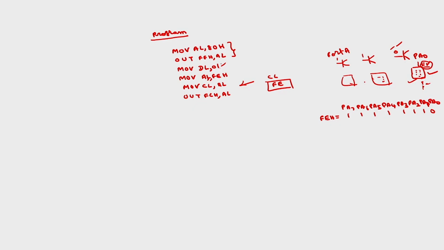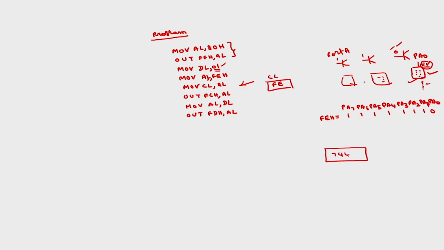Then you have to send 1 to this BCD to 7 segment decoder, which is connected to port B. So you take MOV AL comma DL, OUT, port B is FDH comma AL. So that 1 will be applied to this BCD to 7 segment decoder.